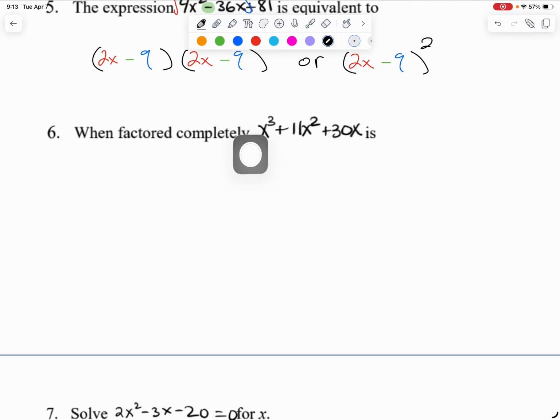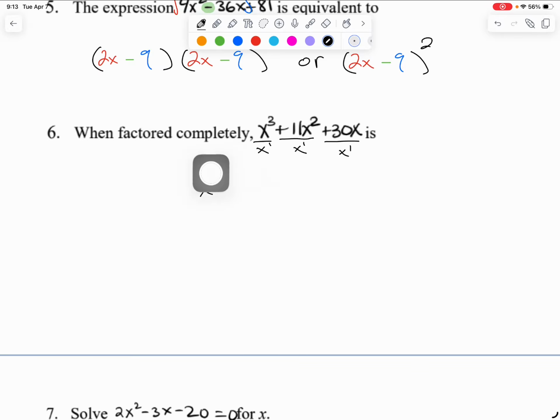All right, when factored completely, x cubed plus 11x squared plus 30x. Every other one of these, we have x squared and a single x and no x. We can factor out an x. By doing so, we will take all 3 of these terms and divide them by just an x. And when we divide our variables, we are actually subtracting the exponents, that imaginary little 1 that I'll put above those x's there.